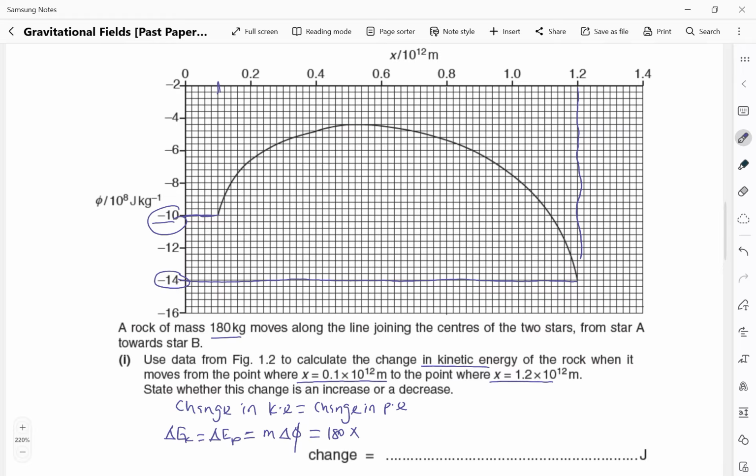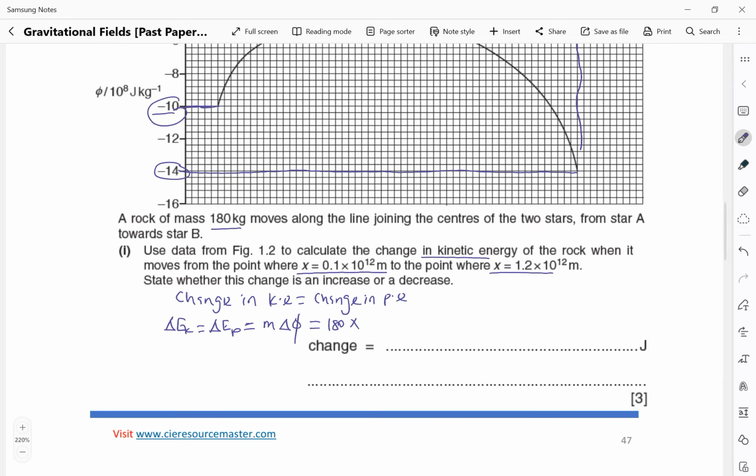-14 and -10. So the highest is -10, so potential changes from -10 to -14.